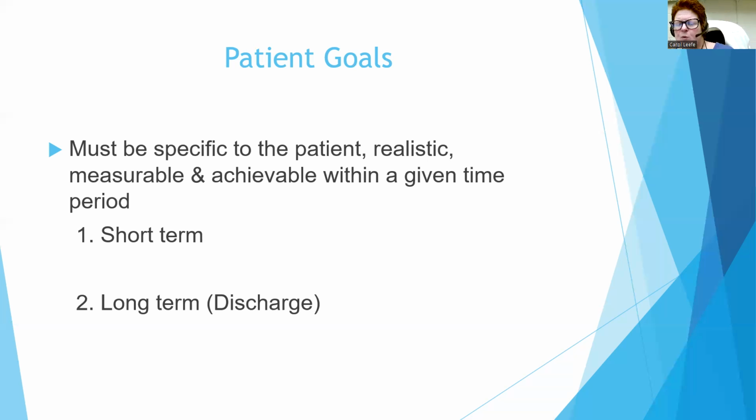You want to be able to see a decrease over time with the white blood cells coming back to normal. You want to be able to see their temperature resolving back to normal without spikes of fever. So, and definitely by discharge, you want those things resolved. So that's just an example for patient goals.